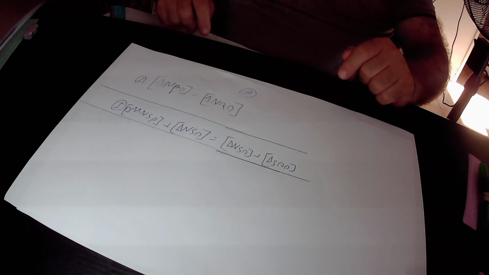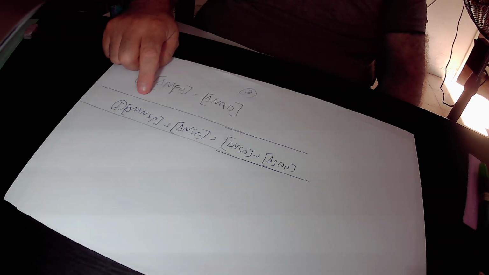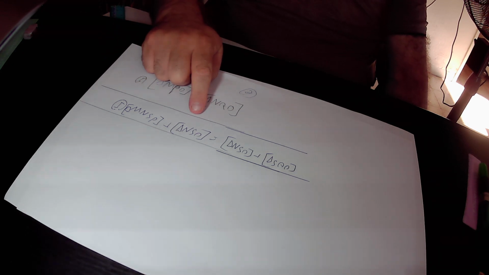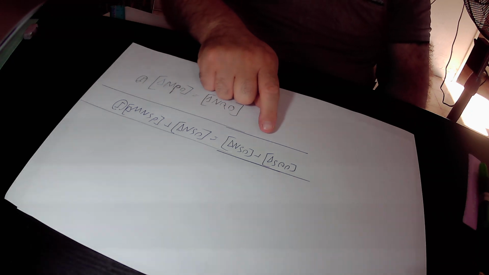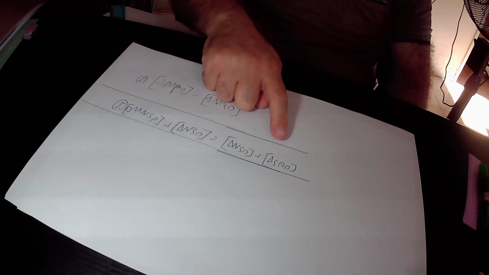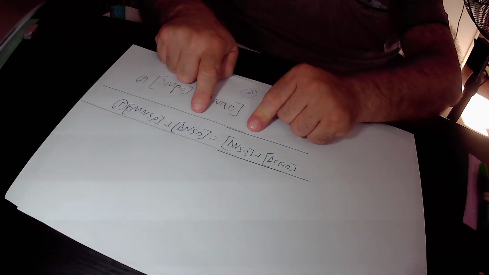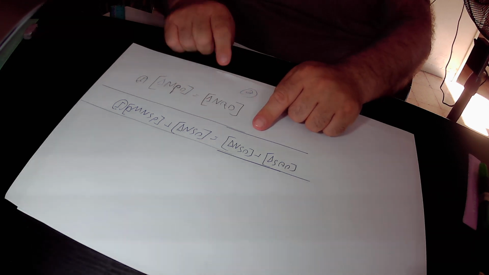So in total, we found that the area of quadrilateral MNSP plus the area of the right triangle NSO equals the area of the right triangle NSO plus the area of triangle SQO. Here we have the right triangle NSO on both sides of the equation, so we subtract it from this equation.